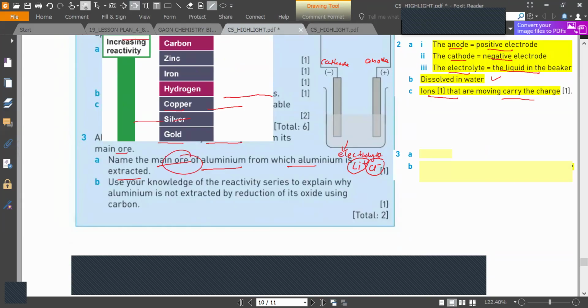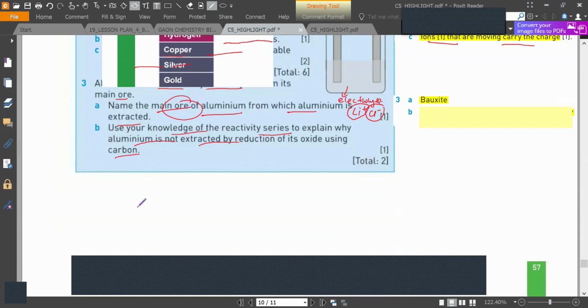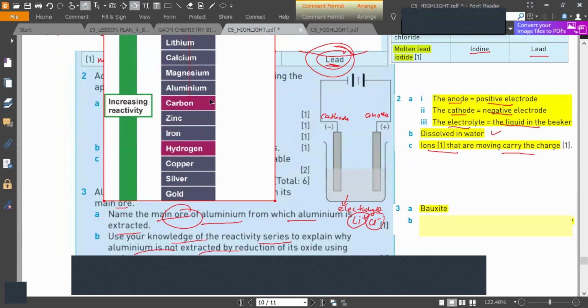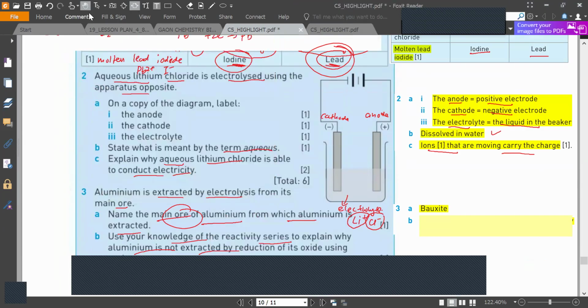We just mentioned that it is bauxite. Then use your knowledge of the reactivity series to explain why aluminium is not extracted by reduction of the oxide using carbon. So why can we not use carbon? We'll look at the reactivity series.